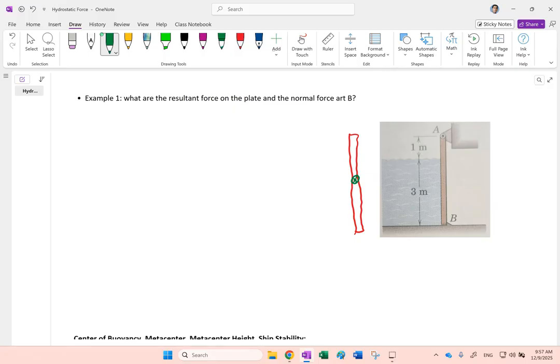So this plate has some weight, which is not given to me in this case, but that's something like this. There are two forces at the pivot, so I can call them AX and AY. There is a resultant force from the body of water, which here I call R. And there is a normal force from B. So this is the free body diagram of this body of water.